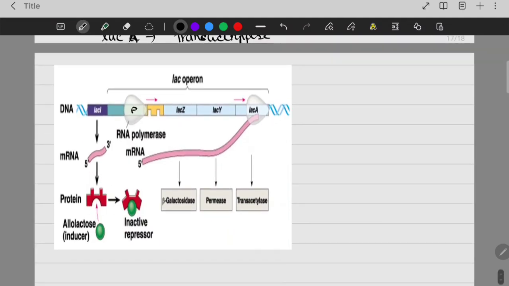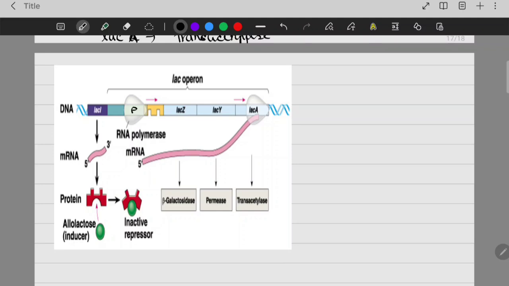Now, if I see this lac operon here, what is the concept? First of all, if I consider three situations. First, when the glucose is available. If glucose is available in the medium, then the bacteria don't have to metabolize the galactose or the lactose. So this operon system will be repressed. Okay. Now, second, if glucose and lactose both are present, then also it will be repressed.